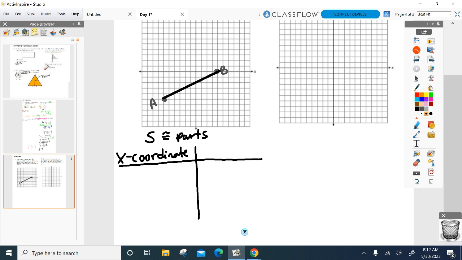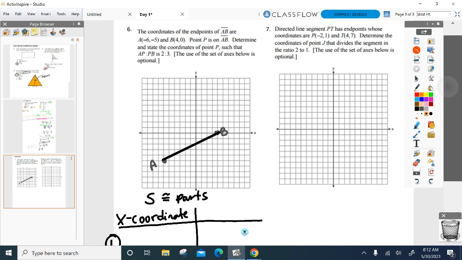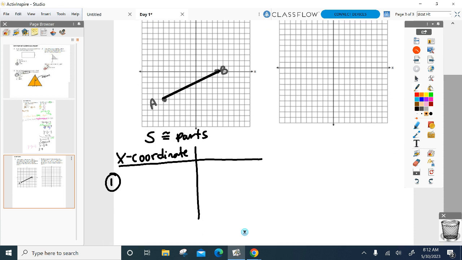Step 1, find the distance on the x-axis between the two. What's the distance on the x-axis between the two? You can count it on your graph, or you can go in your head, what's the distance from -6 to 4? Okay, -6 to 4, what's the distance on the x-axis? And that should be a distance of, what do we get, 10?